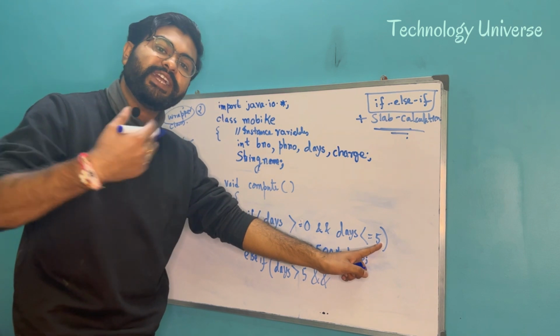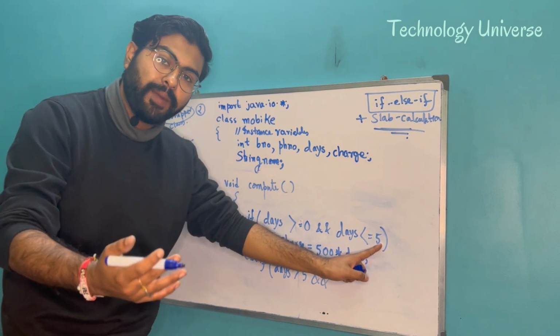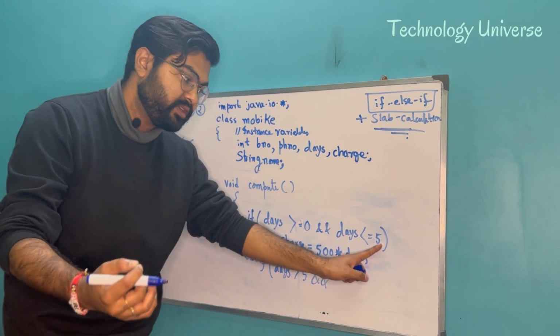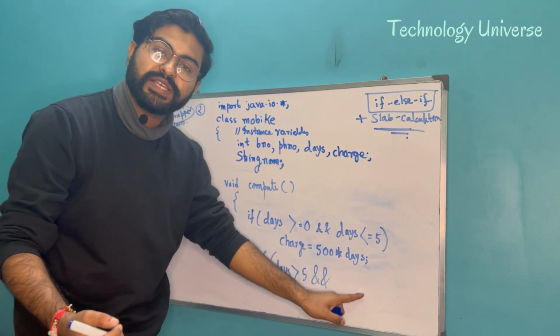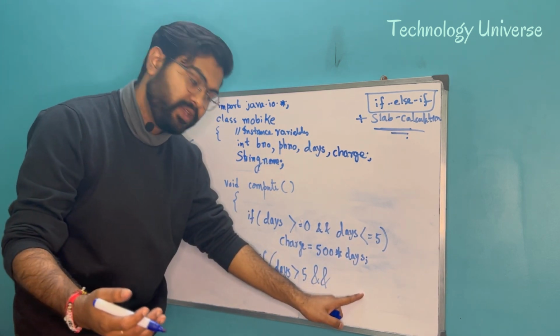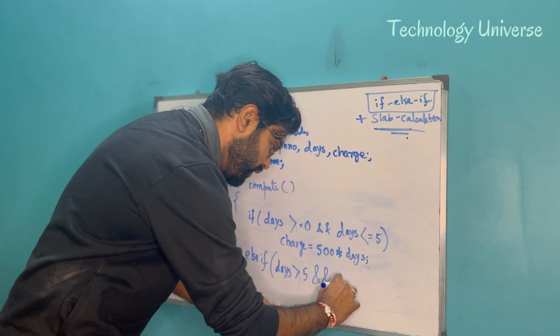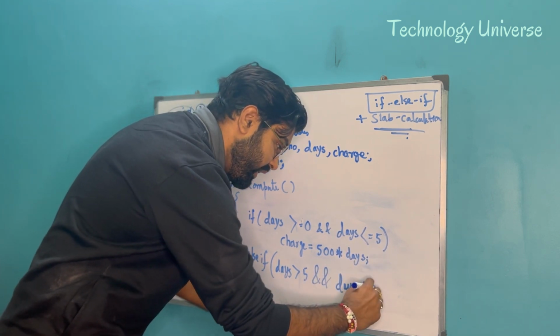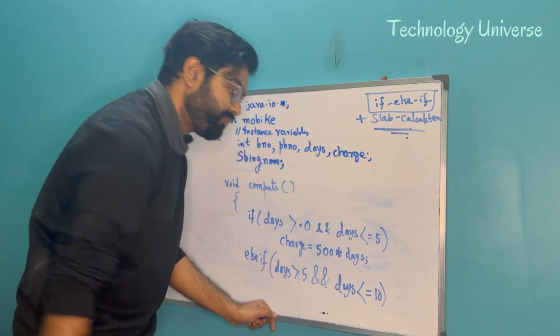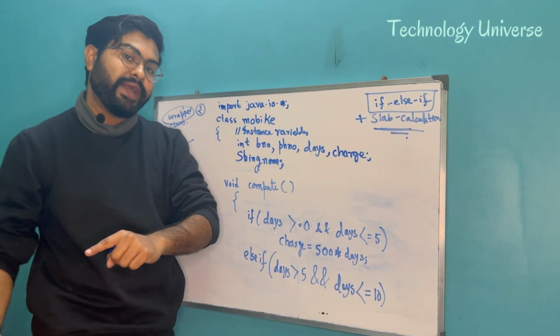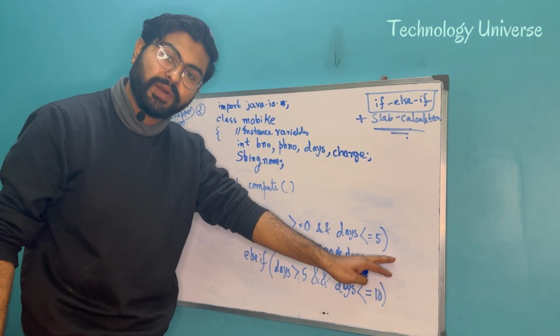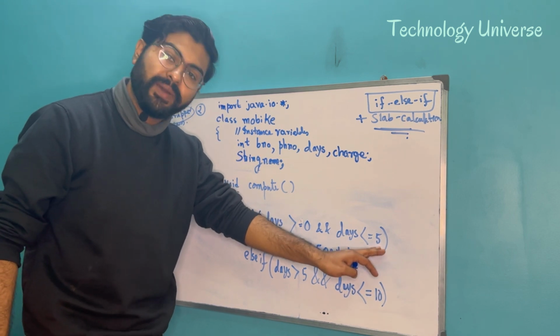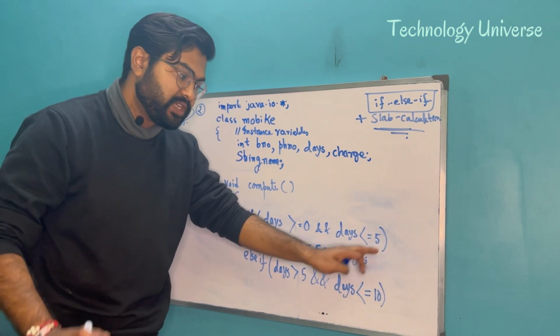If we add the next 5, what would be the next upper limit of the range? 5 plus 5 means 10. So you have to look to the question and then add that and write that limit here. So next 5 means 5 plus the previous upper bound. The previous upper bound was 5, so 5 plus 5 is 10.